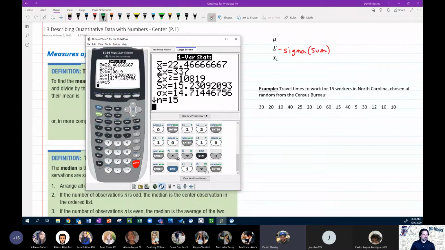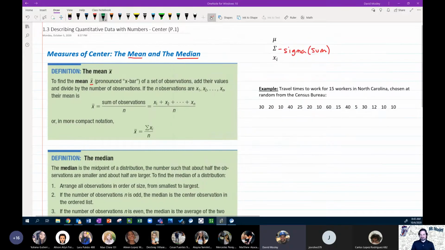So this first one, x bar, is 22.466666. We'll round to 22.5 as the mean. So rather than doing all the work, we can say x bar equals the sum of x sub i over 15.